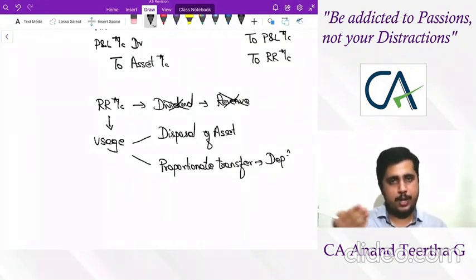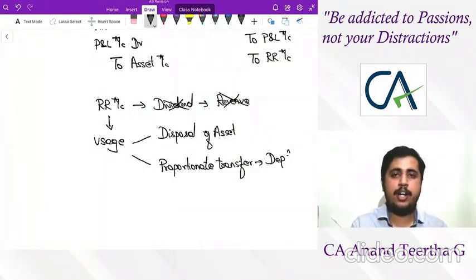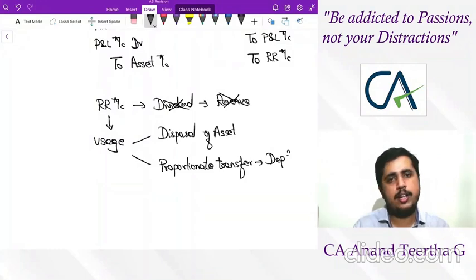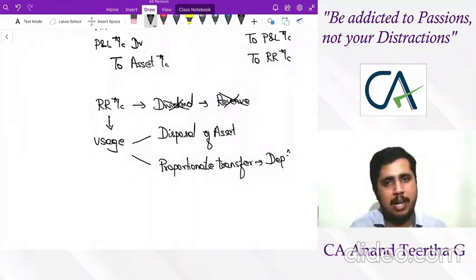Anyhow, you are reducing the value of the asset as depreciation. You also reduce the value of revaluation reserve as well and transfer it to P&L. But till then RR account has to remain stagnant. Do not use RR account for any purpose in that manner.